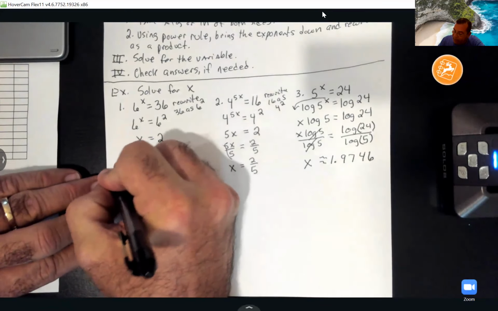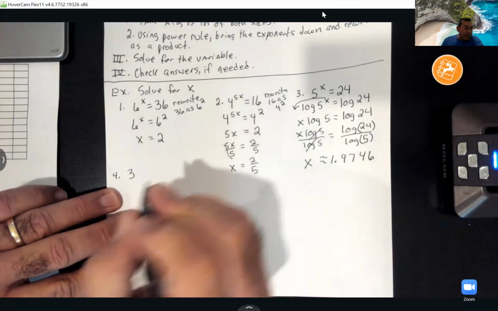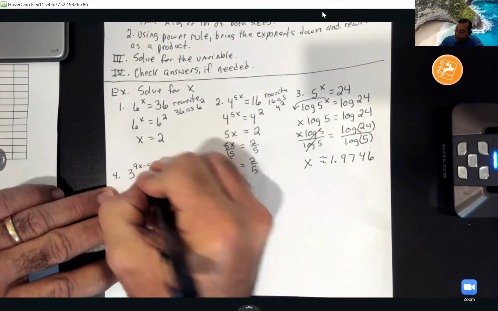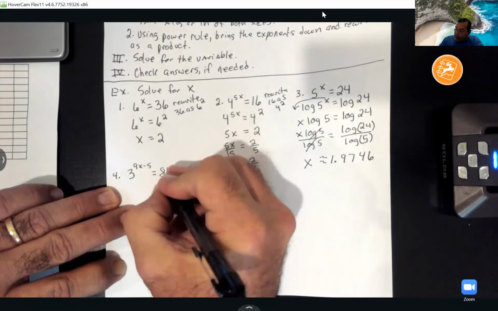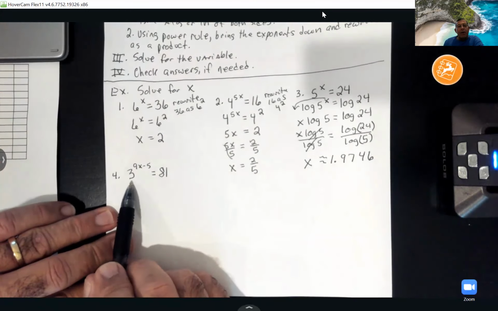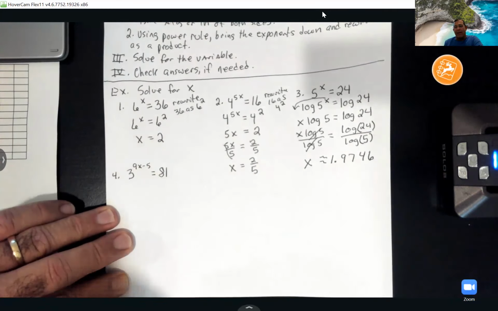All right, y'all, number 4, 3 to the 9x minus 5 equals 81. So I got a base 3 over here. I'm wondering if I can rewrite 81 using a 3 as the base.